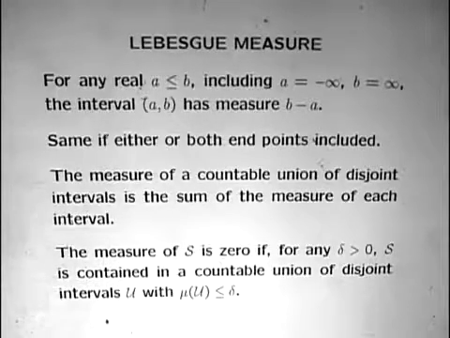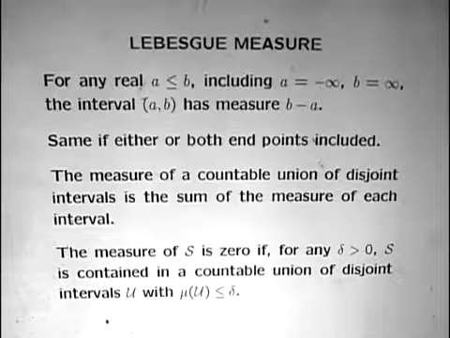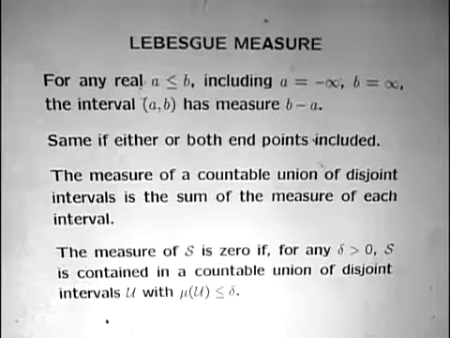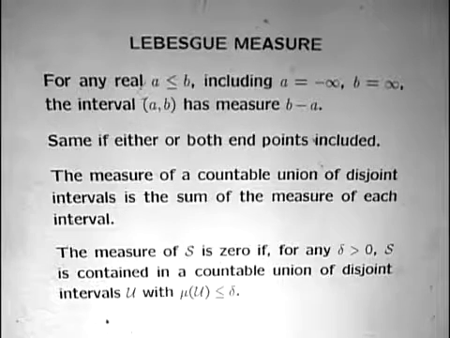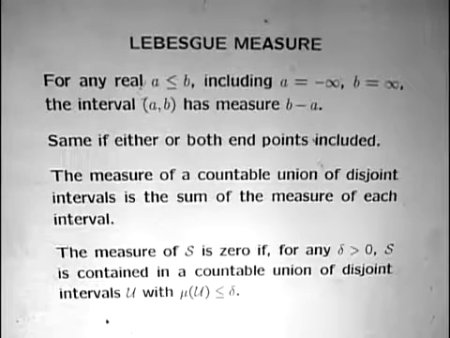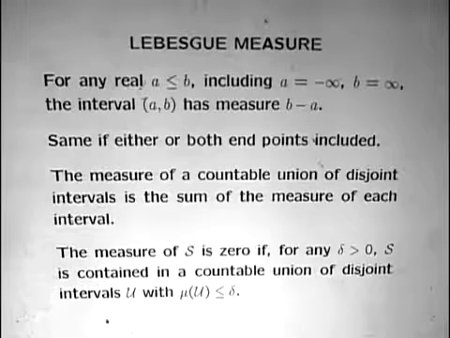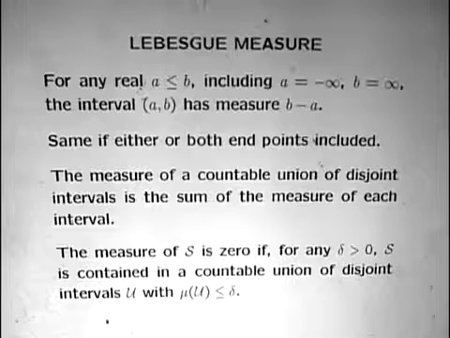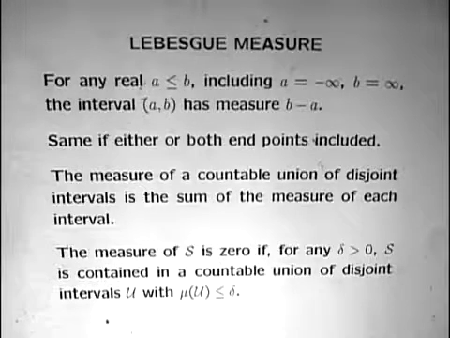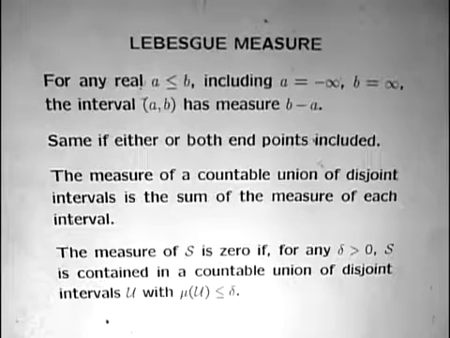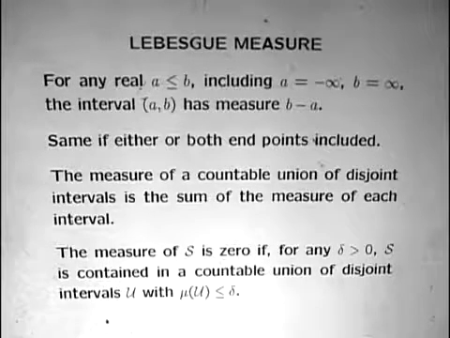So the measure of the interval AB is B minus A. And now, as engineers, we all know that it doesn't really make any difference whether you include A or you don't include A when we're trying to find the size of an interval. So he said, okay, the size of that interval is B minus A, whether or not you include either of the endpoints.